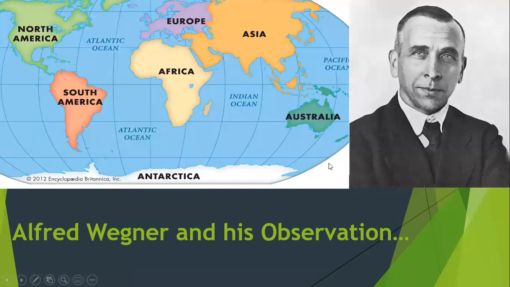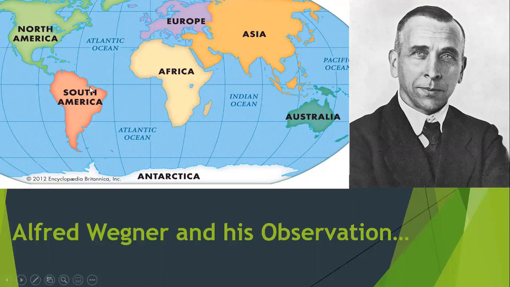Now, let's go through Alfred Wegener's journey step by step. One day Alfred Wegener was sitting and he was just observing this map here. This is a world map. He was just looking at the continents and working on them. He was trying to figure out something. During his observation, he observed that South America looks as if it is fitting inside Africa.